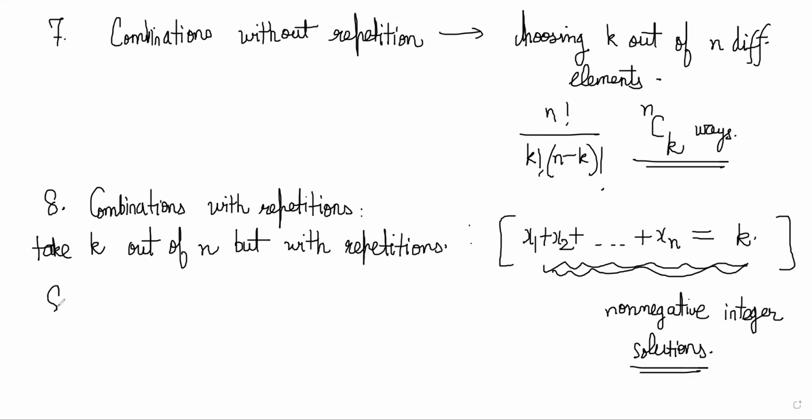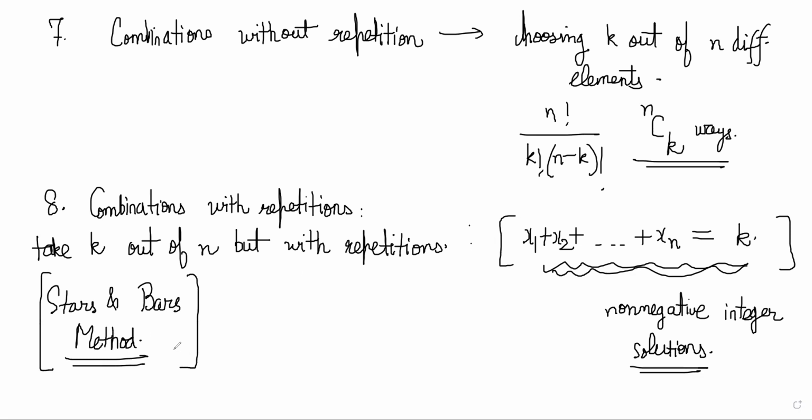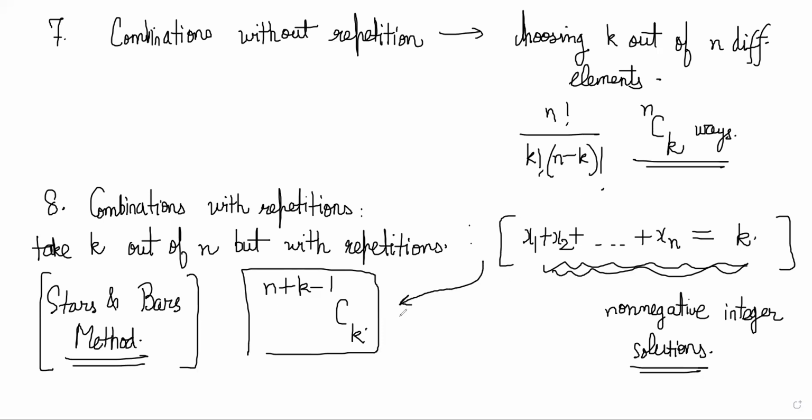So now there is a standard method, the stars and bars method, to find the number of non-negative integer solutions for this. I'm sure you must be aware of this. If not, there are other videos on my channel where I've explained this method. But the number of solutions here is simple. It is (n plus k minus 1)Ck.